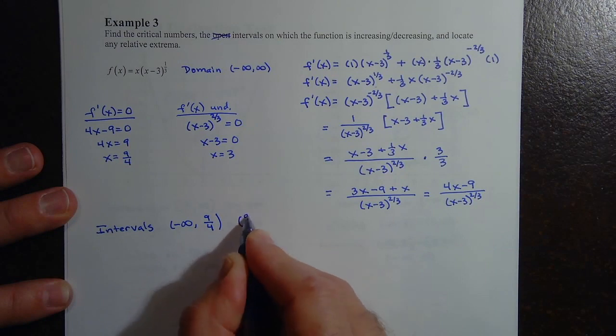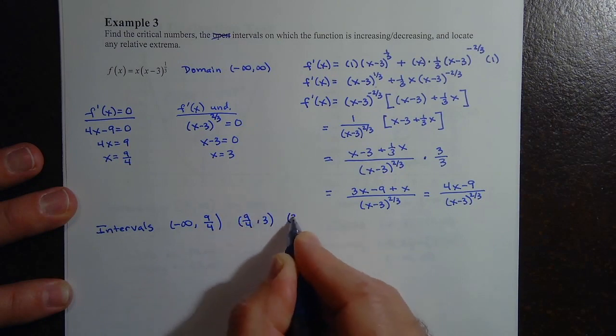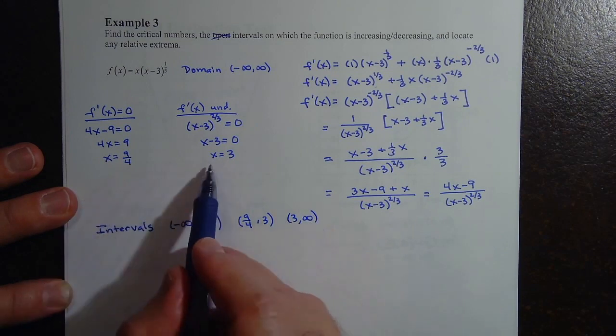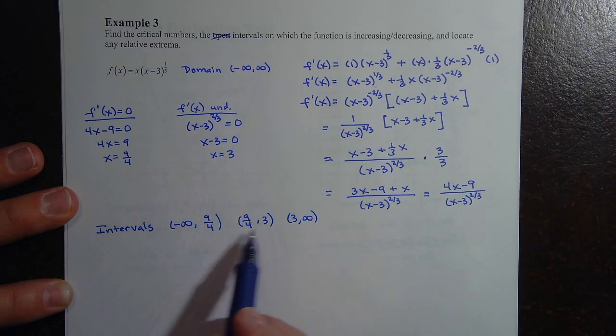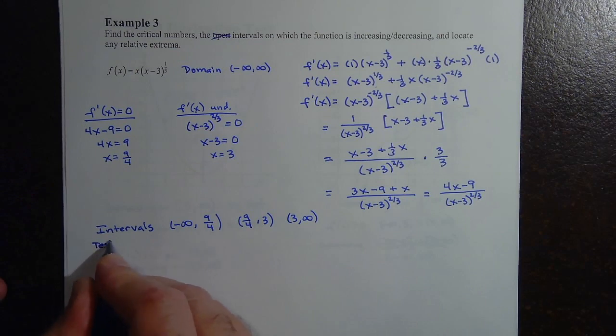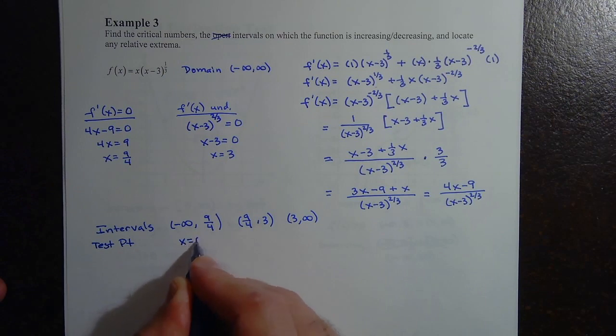And then 9/4 to 3, and then 3 to infinity. Since there are only two critical values, there are going to be two breaks in our intervals. And then we're going to do test points.